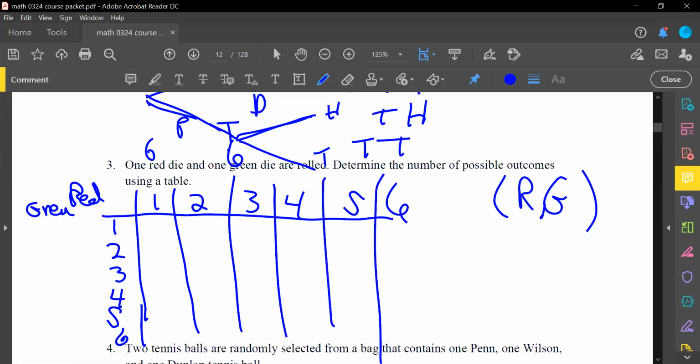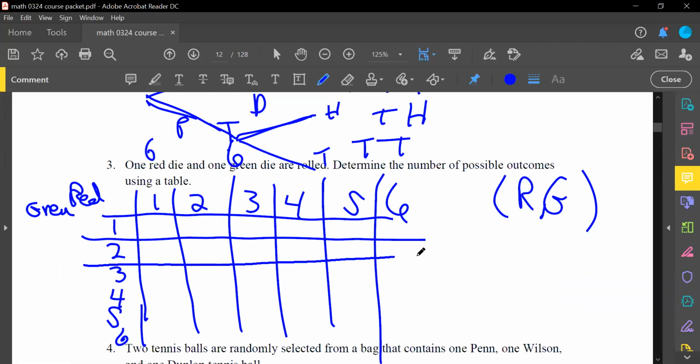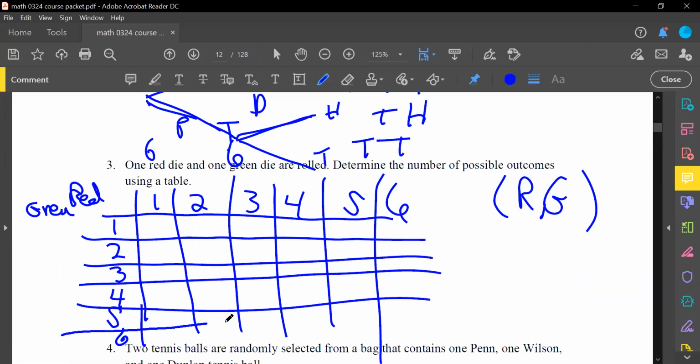So this one, the red is 1 and the green is 1. Let's see here, the red is 1 and the green is 2. And the red is 1, the green is 3, 1, 4, 1, 5, 1, 6.